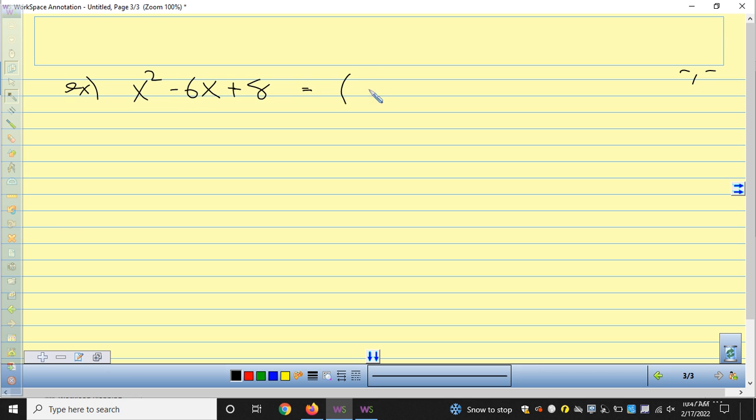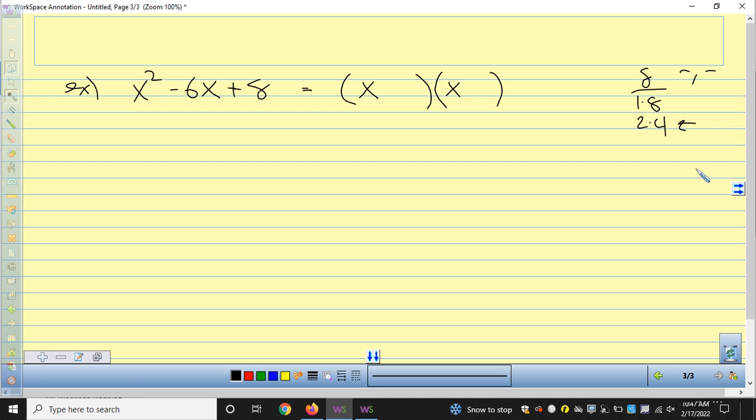So old school way, I would say, well, my parentheses have to be x and x. And I think what two numbers multiply to 8 and somehow add together to give me negative 6. Well, let's list the factors of 8. 1 times 8. 2 times 4. Oh, look at that.